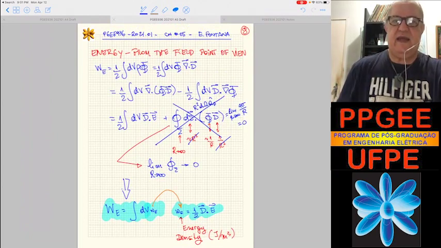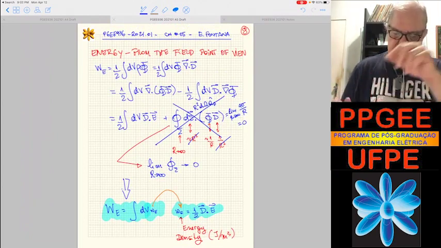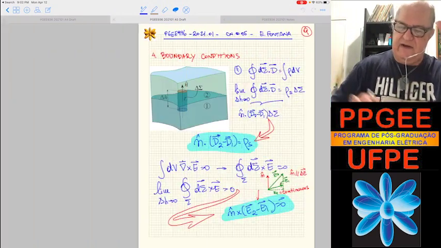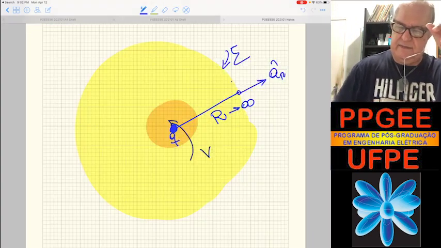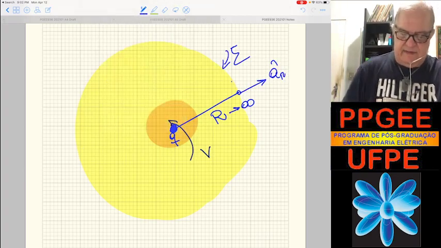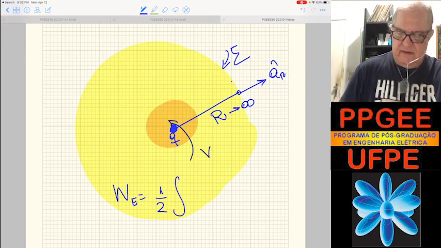So that's what we have. That's why it's called the energy from the point of view of the field. So the final expression is something like this. Now the electrical energy is 1/2 of the integral of D·E dV, right?